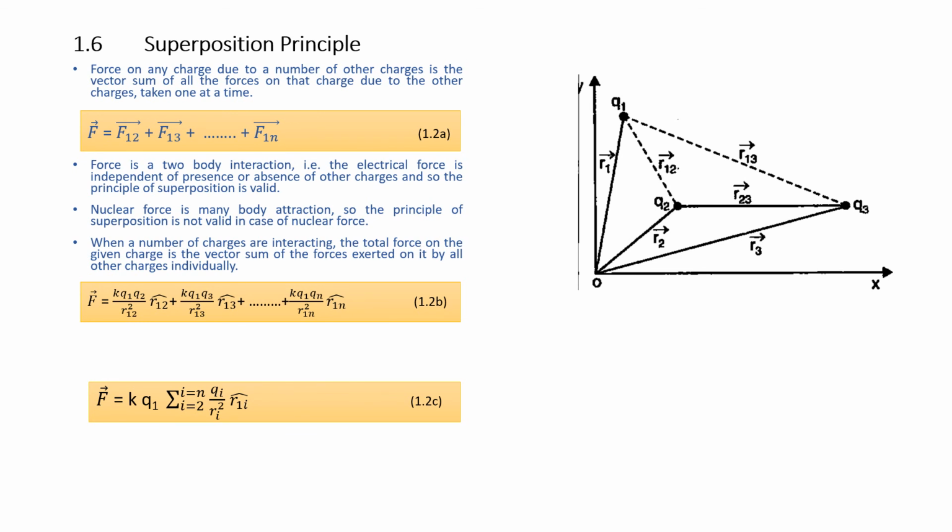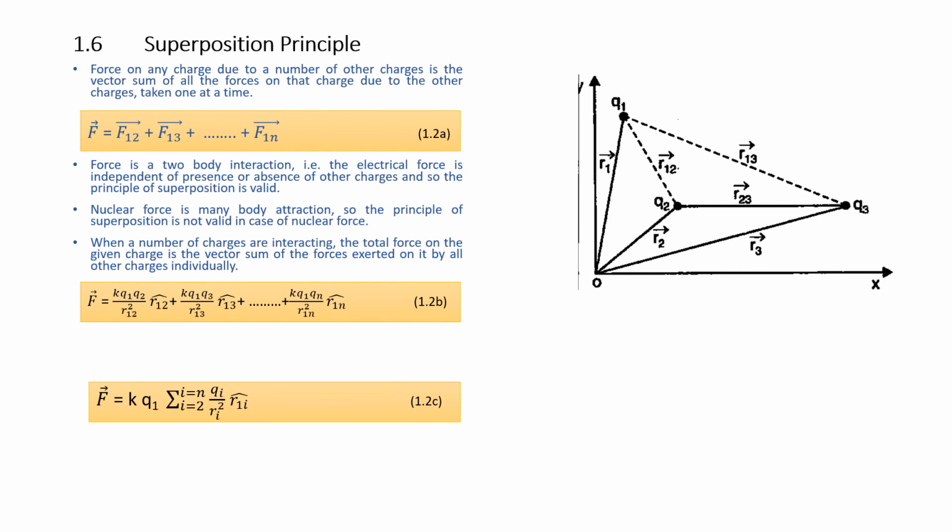The summation form can also be written as F is equal to K times Q1 into sigma i equals 2 to i equals n of Qi divided by Ri square into unit vector R1i.